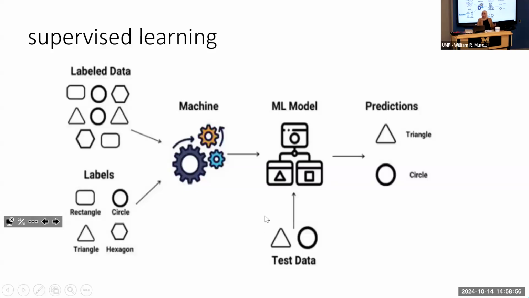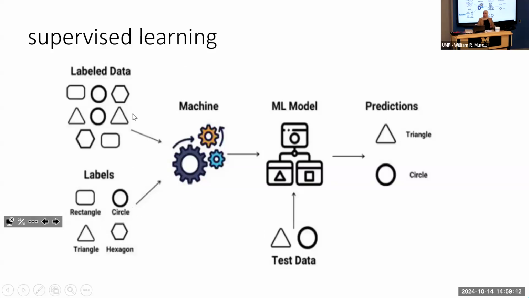Like when you are having an exam, I cannot give you a question that I didn't train you for, okay? So the test data and the labeled data must be in the same context. Here it's within the same context of shapes.